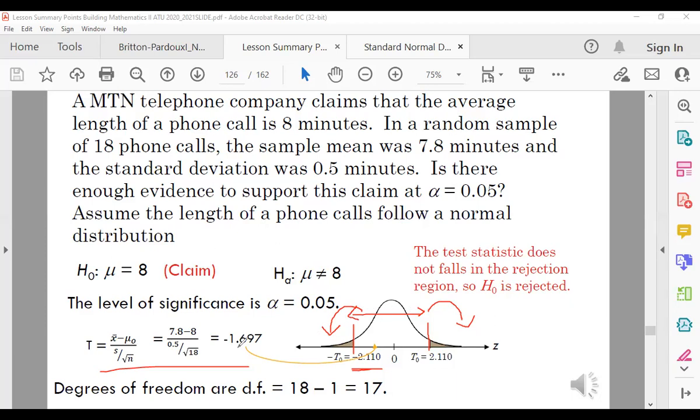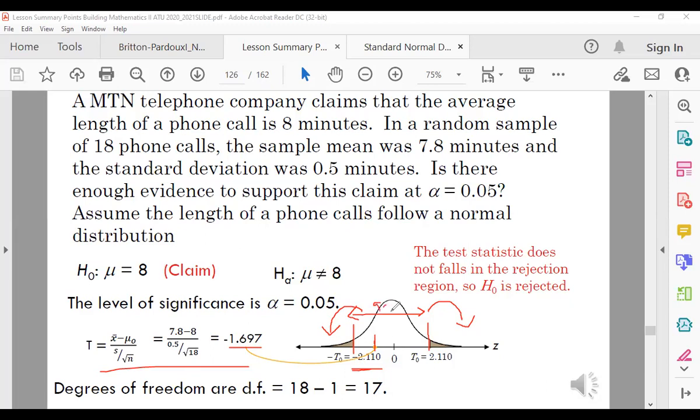So let's see where negative 1.69 falls. Negative 1.69 is between 0 and the lower limit. It will lie somewhere here. So it means that the value we calculated lies in the acceptable region.